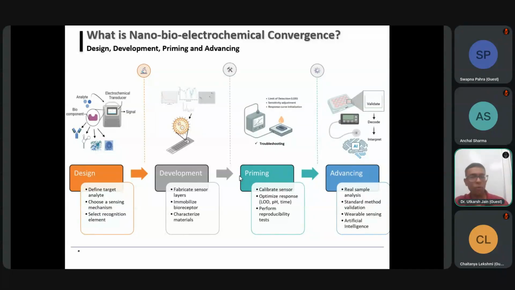Because of this, you cannot convert your developed device into a really advanced form, since there is a gap where you cannot just develop a commercial device. Priming is a bridge which fills the gap from your lab device to a commercial, real biosensing or medical device.